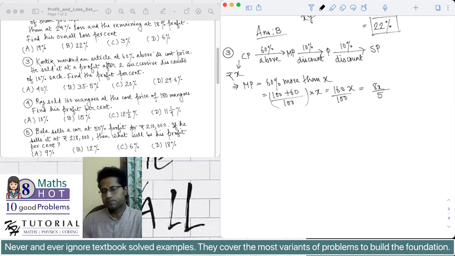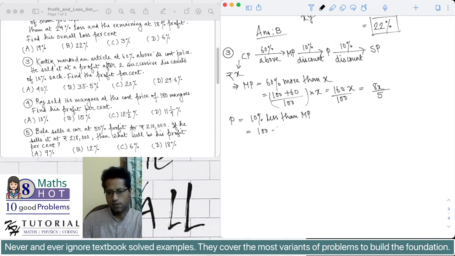Okay, we have the mark price 8X by 5. Now from the P, we can say P is equal to 10% less than MP, the mark price. 10% less means (100 minus 10) divided by 100 multiplied by the mark price, which we have already calculated to be 8X by 5.